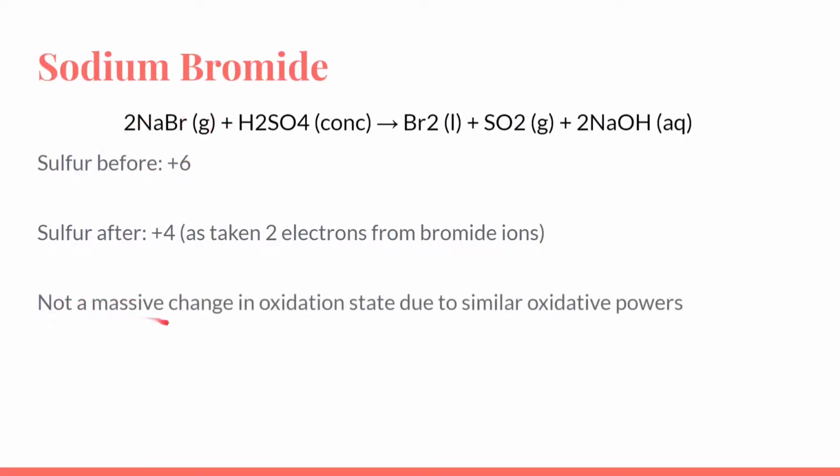And this is not a massive change in the oxidation state. And this is purely because the oxidative powers of bromine and sulfuric acid are quite similar. Even though sulfuric acid is slightly higher in its oxidative power, they still are quite similar.